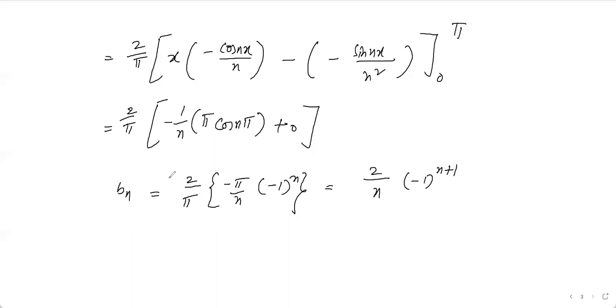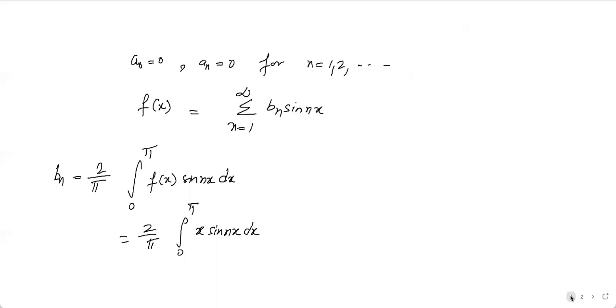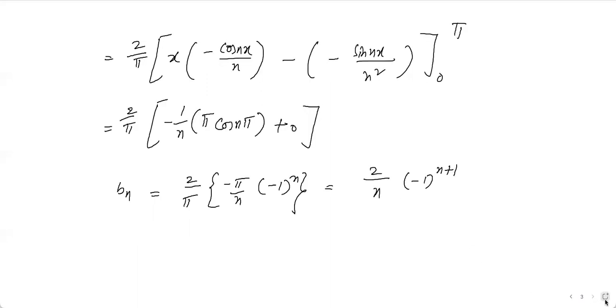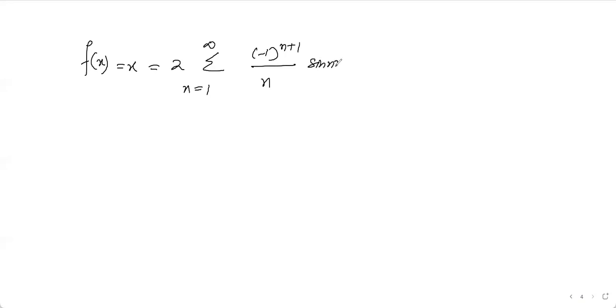Now let us substitute this in the expansion. Our function f(x), which is x, will be 2 times the summation n equal to 1 to infinity of minus 1 to the power of n plus 1 by n into sine nx.